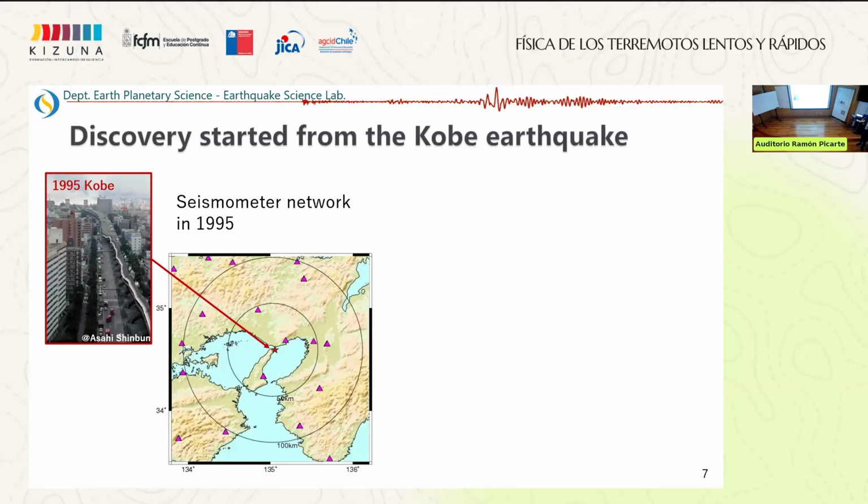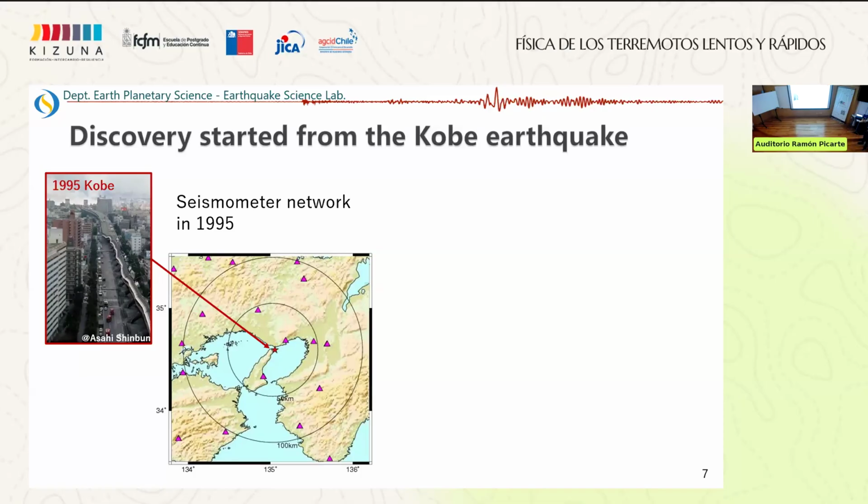But it started from the Kobe earthquake in Japan, 1995, 30 years ago. In Japan, there is a very large, it's not large in the moment magnitude, it's just magnitude 7 earthquake, but below the Japanese big city, Kobe city.